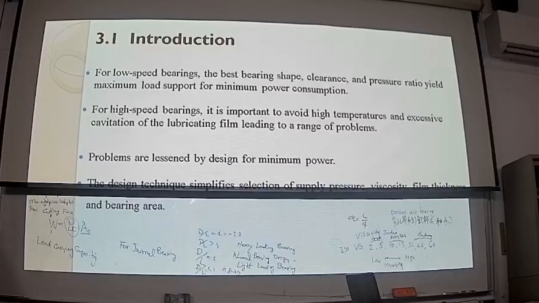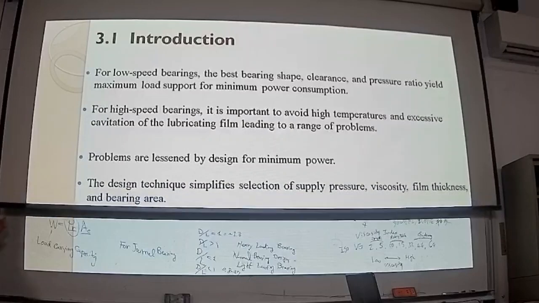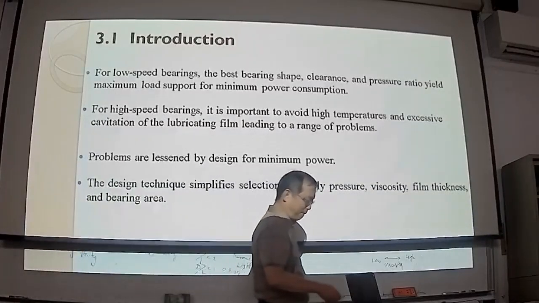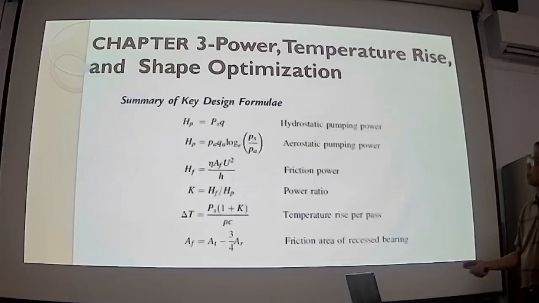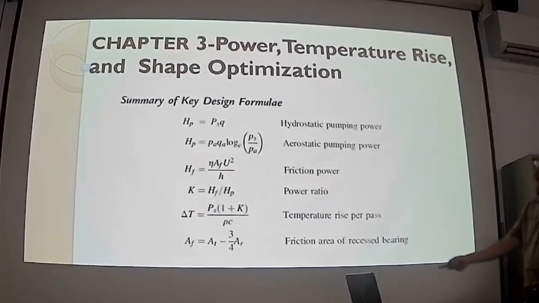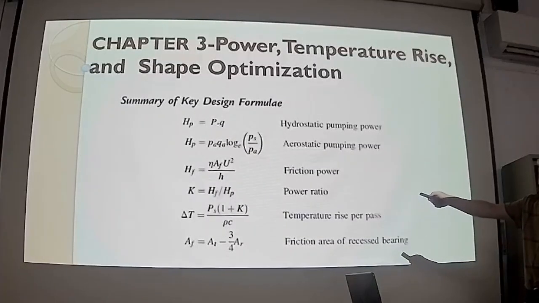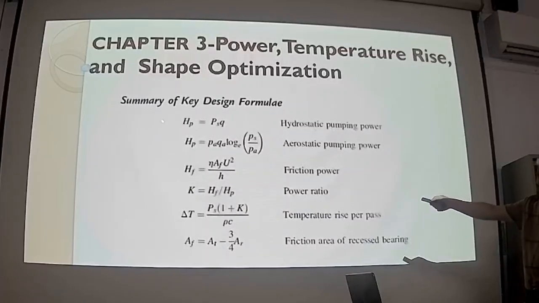Once we estimate the recess pressure and know the restrictor we select, we know what the supply pressure should be. Once you know the supply pressure, you can estimate the pumping power.